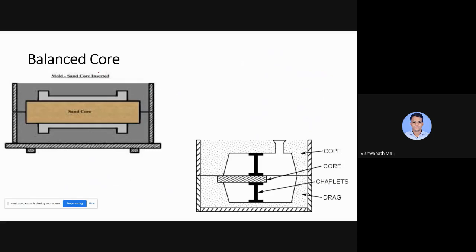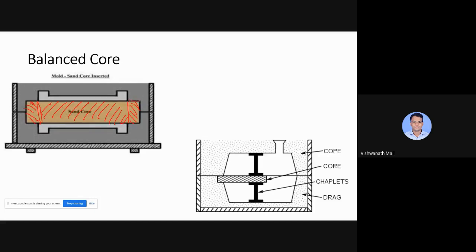Now balanced. Now here you can see, just now we have seen the example. Actual length of our hole is this much only. Now to support this core, what we have done, we have given the extra length to our core, right?